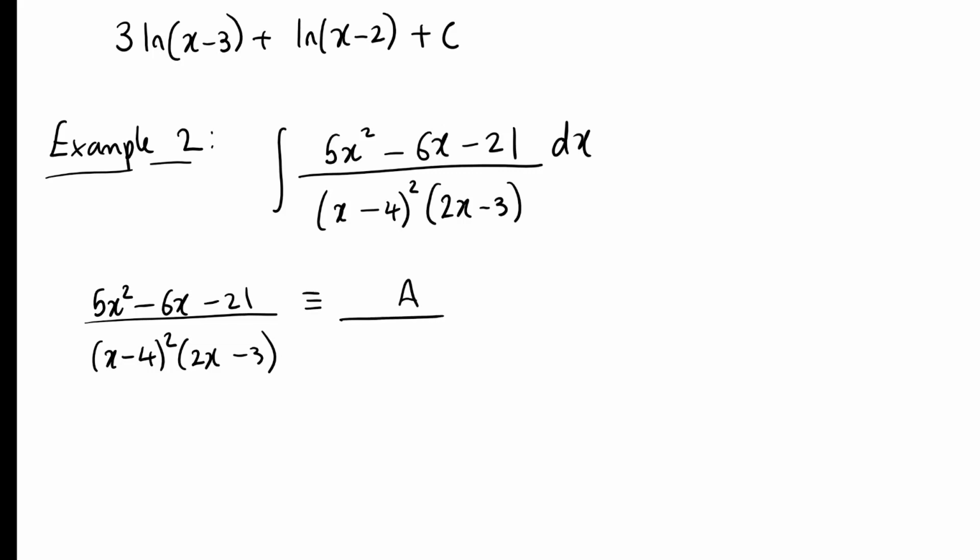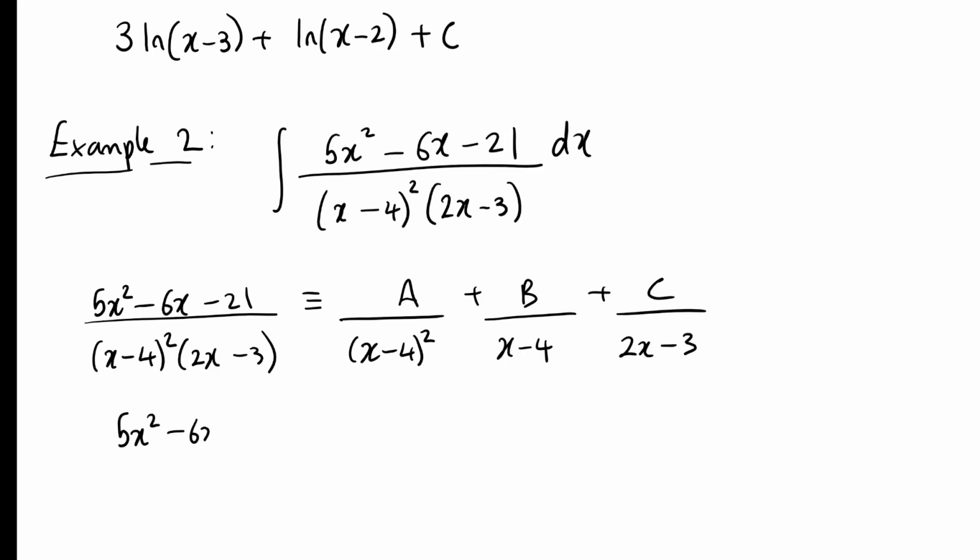So a would be over x minus 4 squared, b over x minus 4, and c over the remaining factor 2x minus 3. This is the case of partial fractions where there's a repeated factor on the bottom.